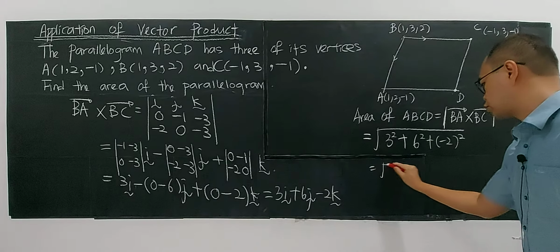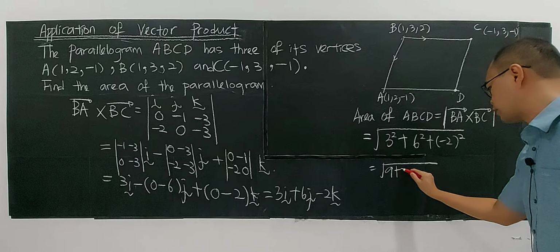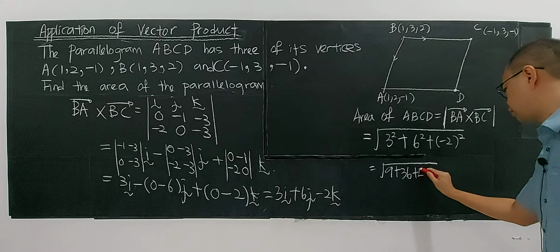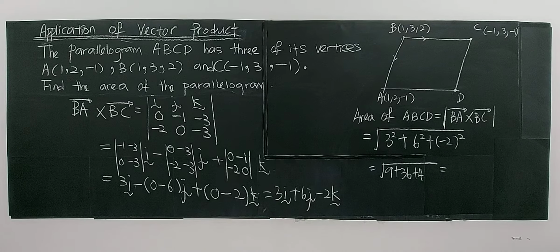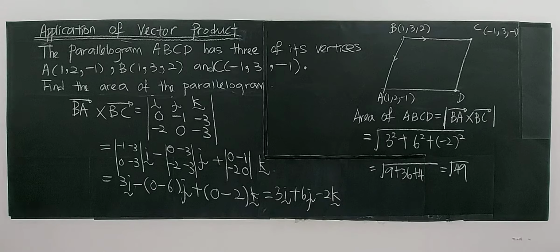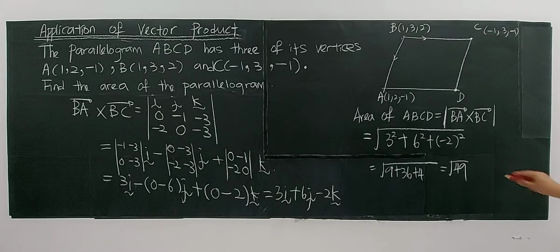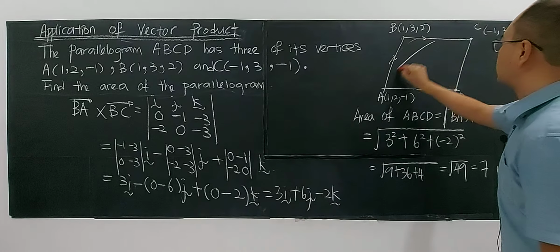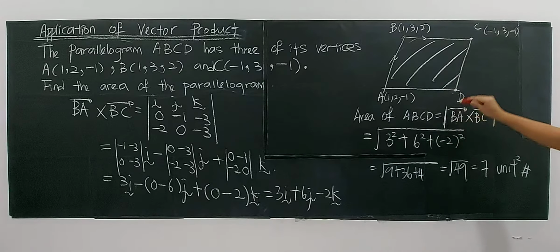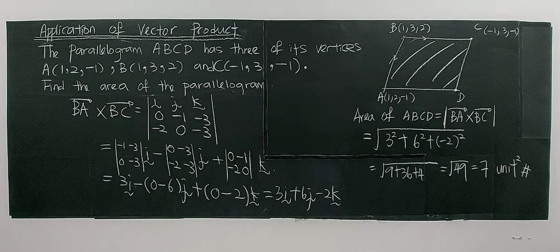So you have the square root of 9 plus 36 plus 4. Let's see the value. We get 49, and the square root is 7. So the area of this parallelogram is 7 square units, right?